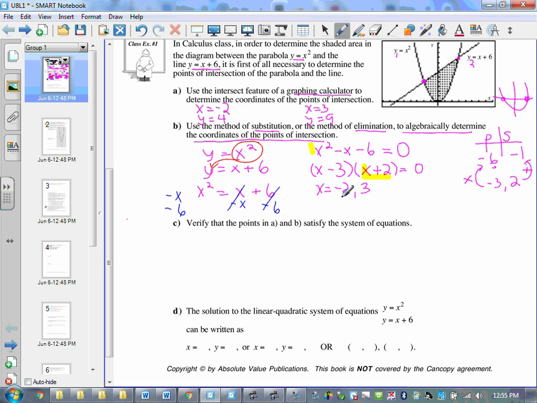Does that make sense? So which equation would you prefer? The x plus 6. So when x is -2, y would be -2 plus 6, or 4. And when x is 3, y would be 3 plus 6, or 9.